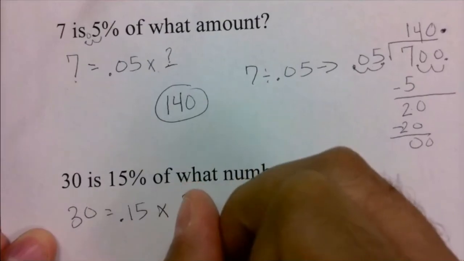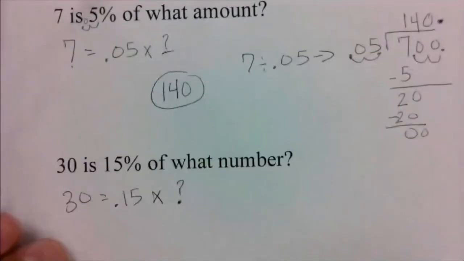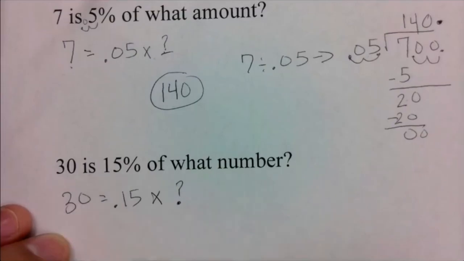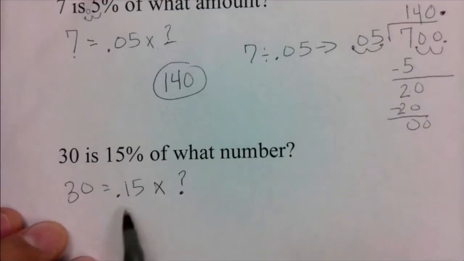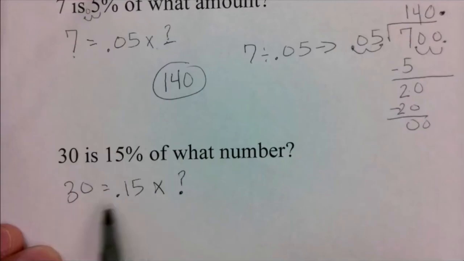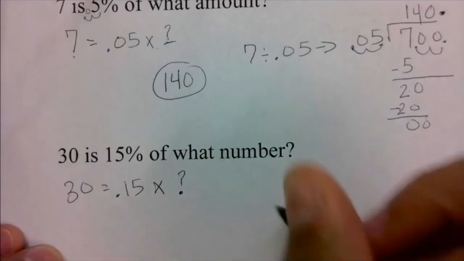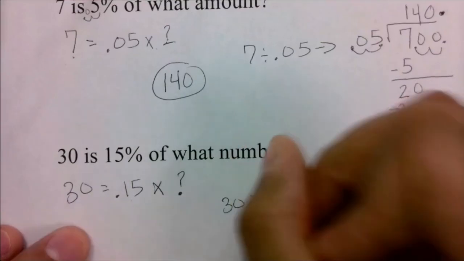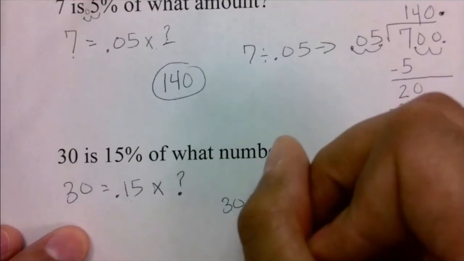We don't know. That's what we need to figure out. Something times 0.15 gives me 30. So we know that to figure that out, we're going to need to divide. We need to do 30 divided by 0.15.